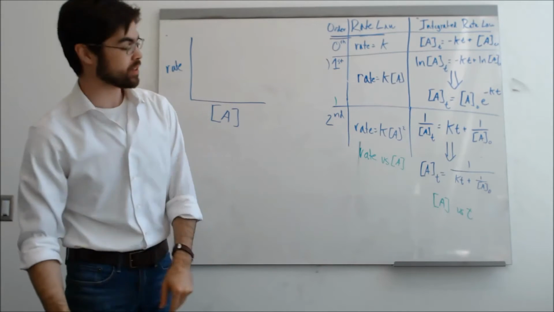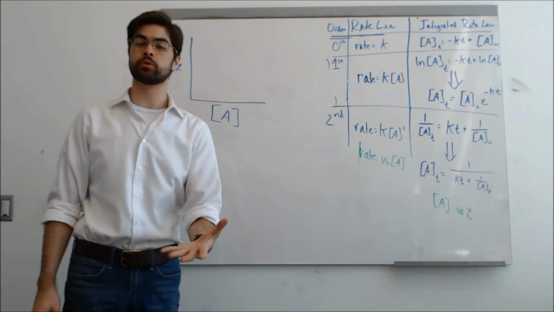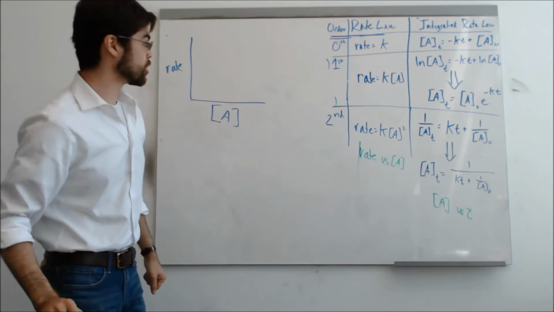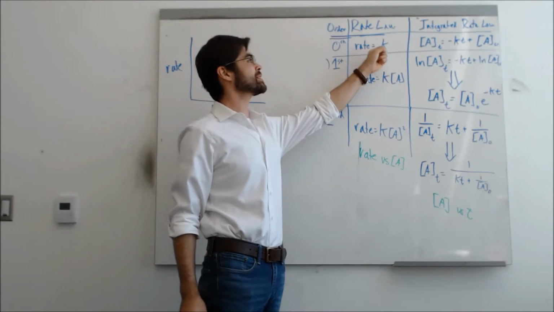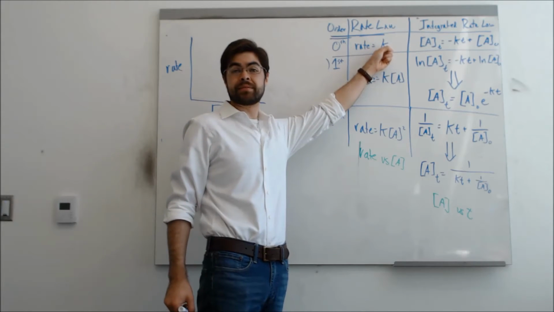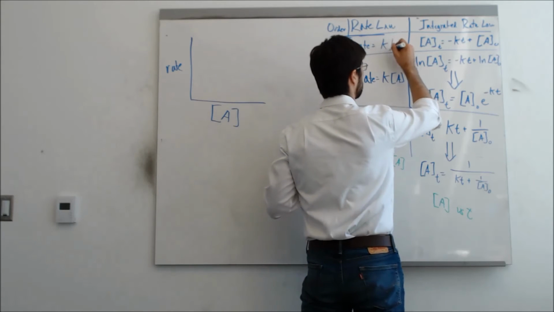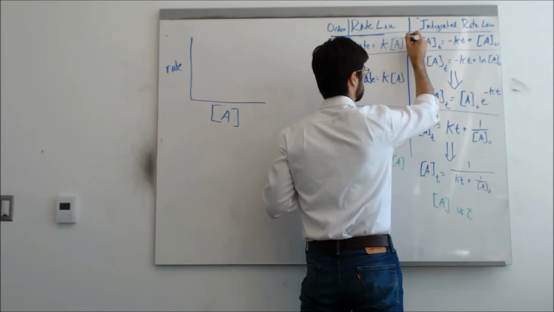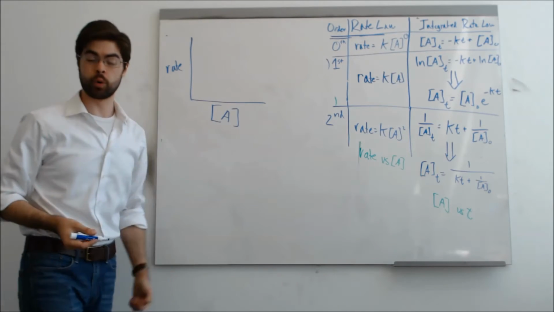And for that, you can again look at what those plots would look like for these equations. So for a 0th order reaction, the rate is actually independent of the concentration. Or if you want to think about it this way, it goes as concentration to the 0th power, meaning 1.